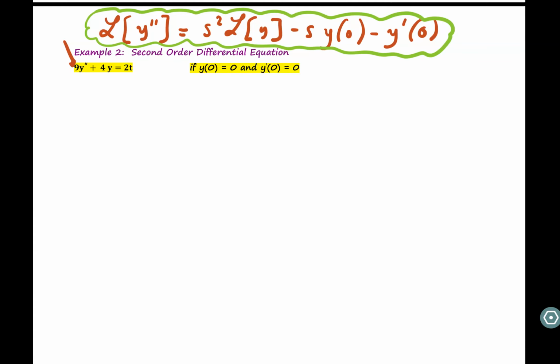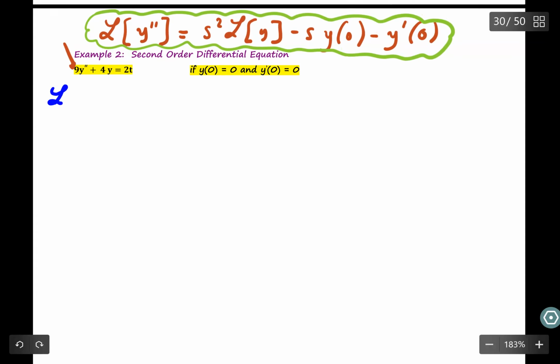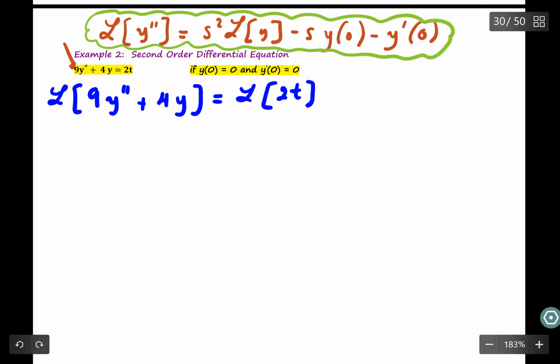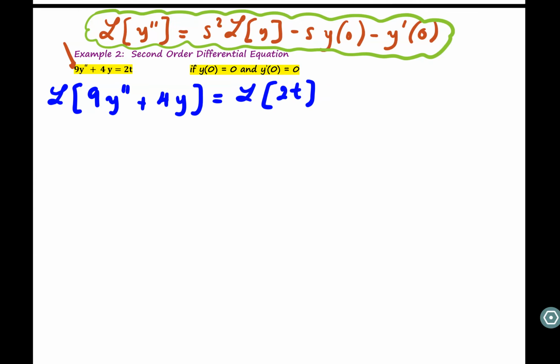So let's start with the step of taking Laplace transform on both sides of the equation. So I take Laplace transform of 9y double prime plus 4y equal to Laplace of 2t. Taking Laplace transform of this expression, I can break it into individual Laplace transforms of each term.